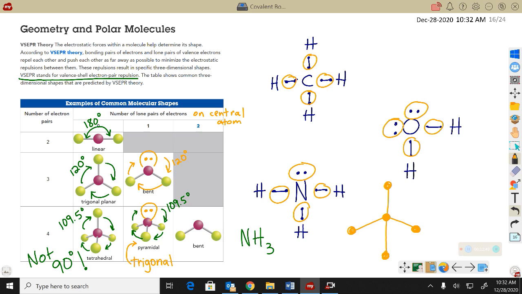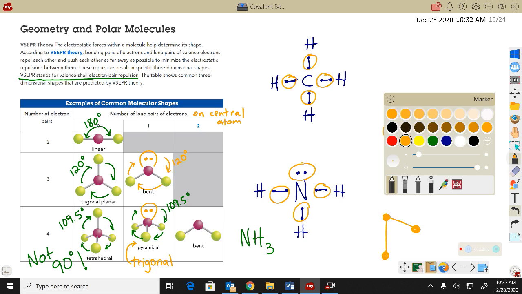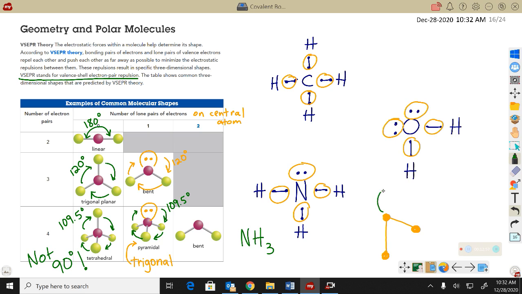But 2 of these spots aren't really atoms anymore. So it's like if I take 1 and 2 and pop them off, and instead of them being atoms, up in here is a lone pair, and then down in here is the other lone pair. The remaining orange atoms are not linear, it's bent again.